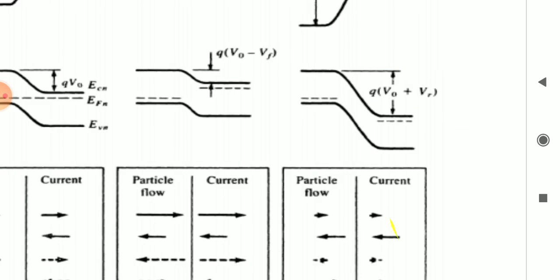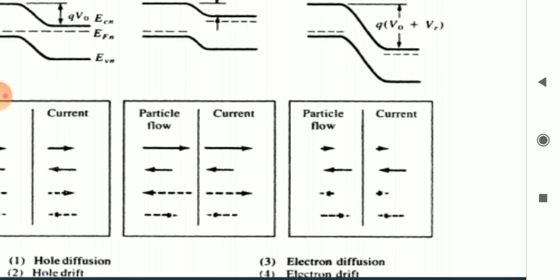Now come to the particle flow and current flow. Particle flow is nothing but the hole movement: electron drift, hole drift, hole diffusion, electron diffusion. That we call it as a particle flow. And the current flow is exactly the same as hole drift, hole diffusion.